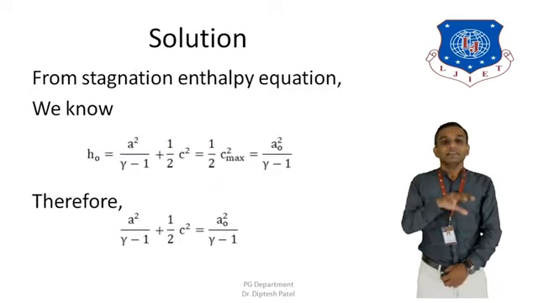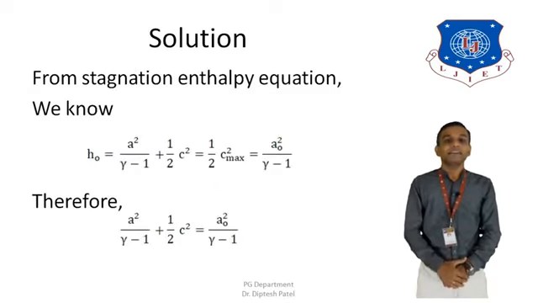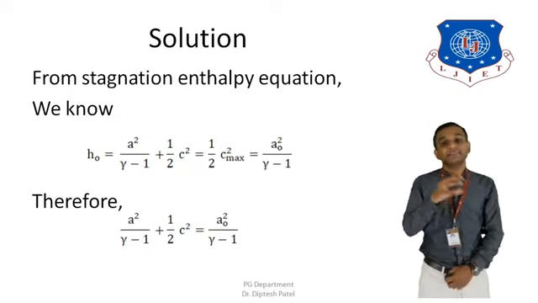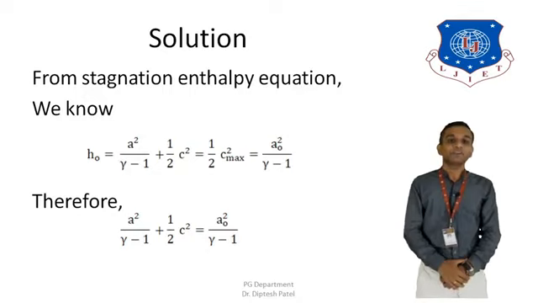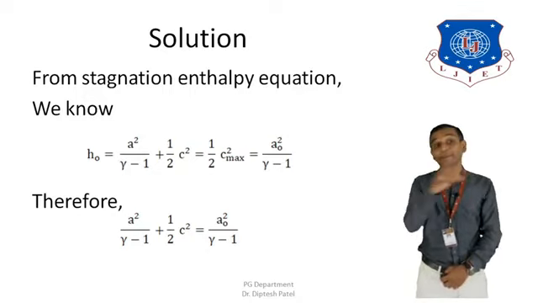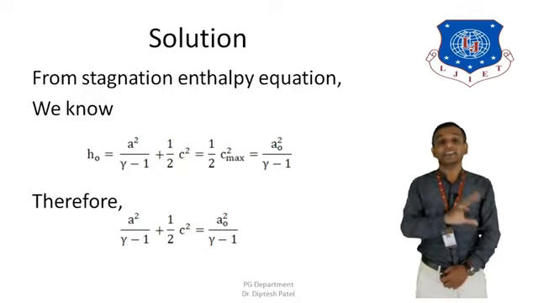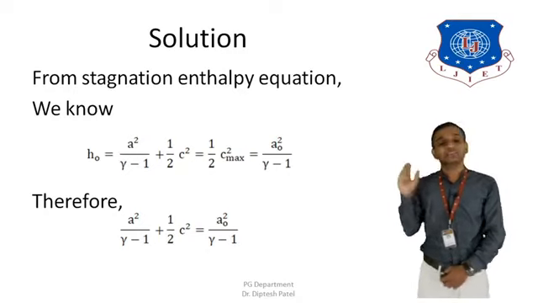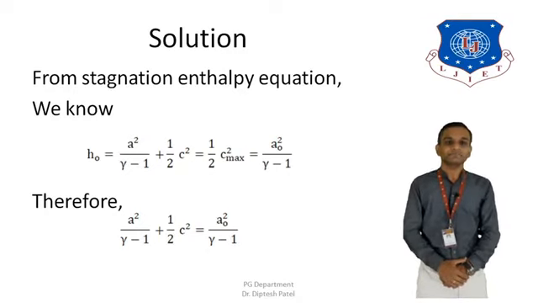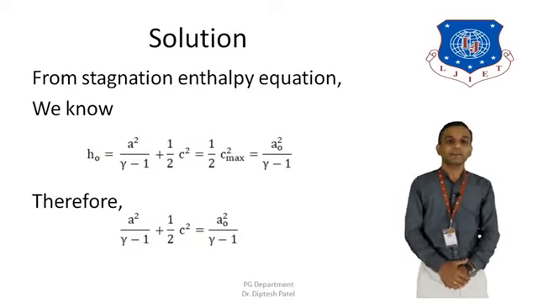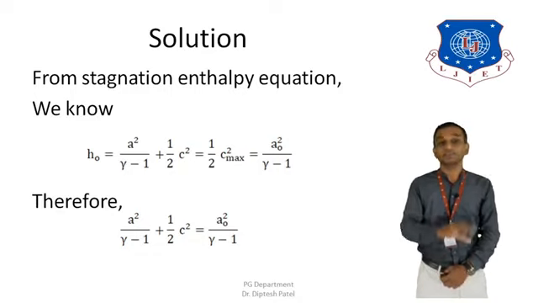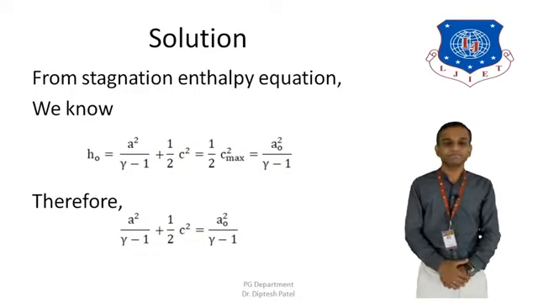Now we are going to find the different values, and for that we are going to use the stagnation enthalpy equation. The stagnation enthalpy equation says h0 is equal to A square divided by gamma minus 1 plus 1 divided by 2 C square, which we have already solved earlier.